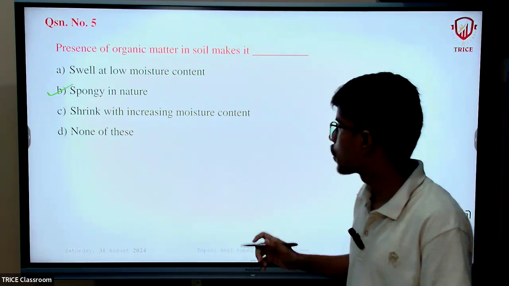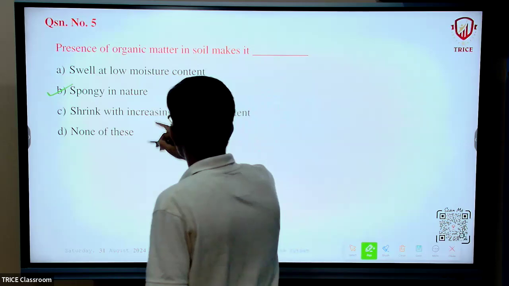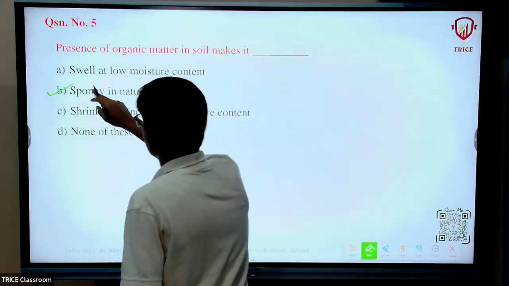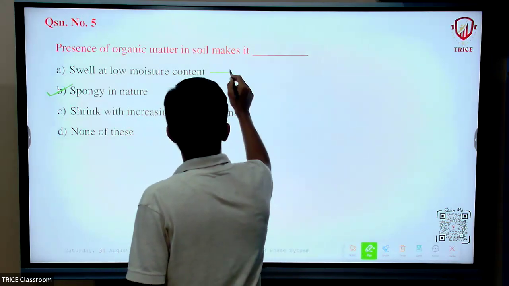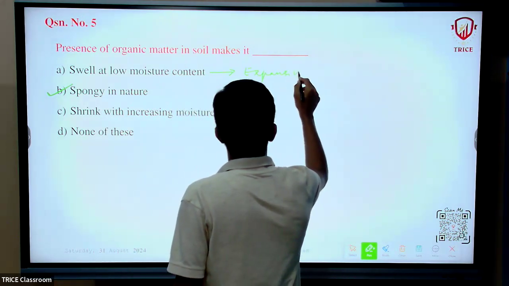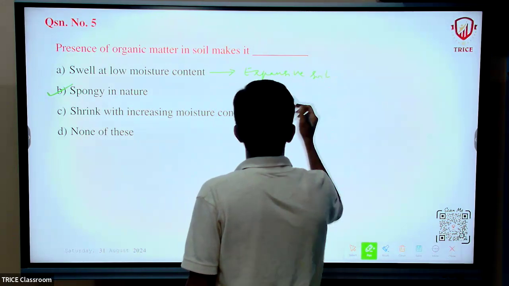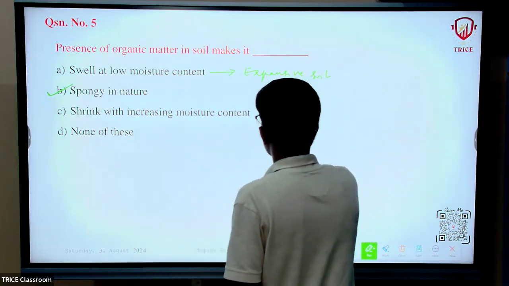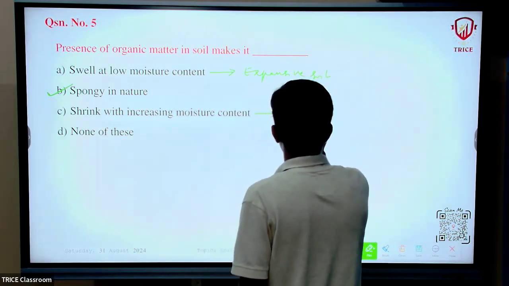That is the example of collapsible soils, right? So swelling at low moisture content will be the expansive soil. Then shrinking with increasing moisture content regards the collapsible soils.